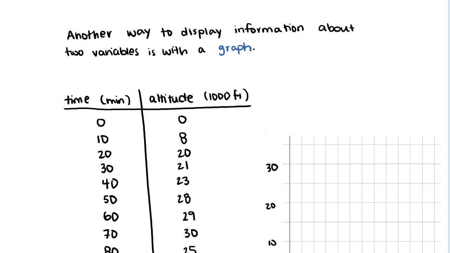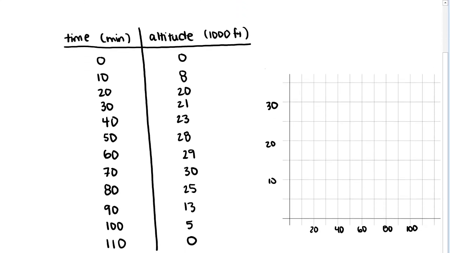So another way we display information about two variables that are related to one another is through something called a graph. Let's imagine a situation where a plane takes off and we're recording the altitude of that plane at different times. I have a table here where the left column describes the time after the plane has taken off in minutes, and the right column describes the altitude of the plane, or its height in the air, in thousands of feet.